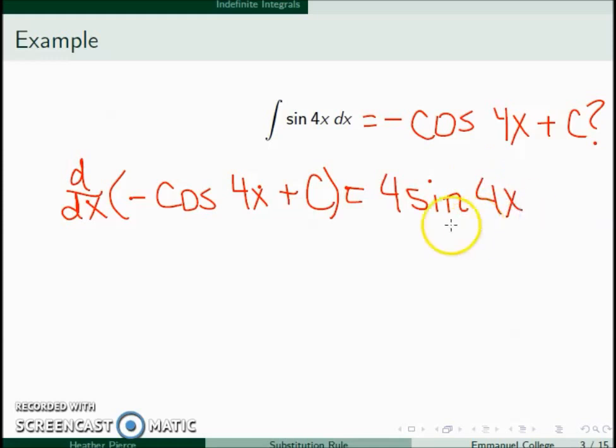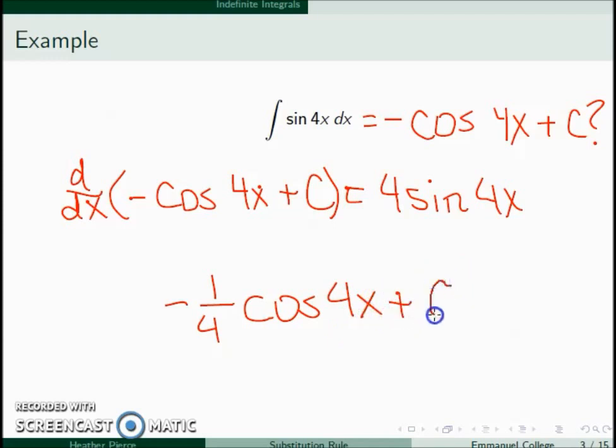I just needed sine of 4x, which tells me that the actual integral of this will be negative 1 over 4 cosine 4x plus c. That way I have this negative 1/4 here to balance out this 4.